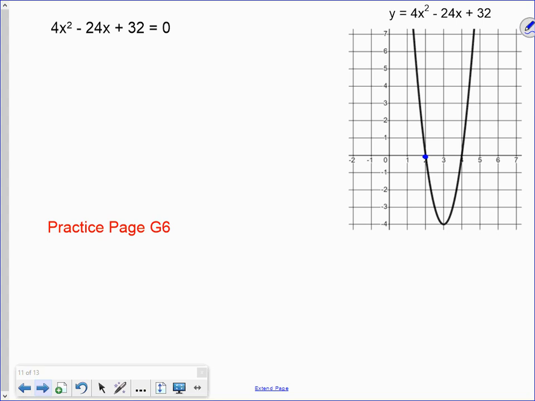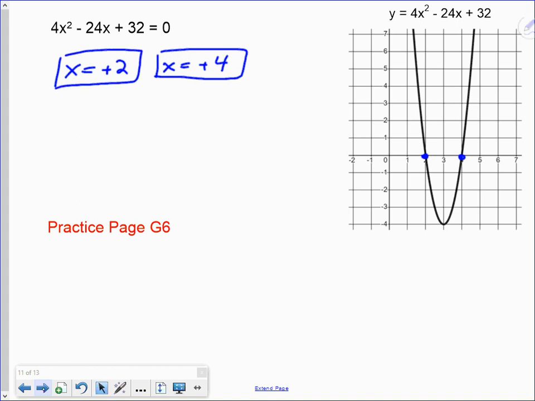I remember that the solutions to my equation are the same as the x-intercepts in the graph here. So I know that my solutions here are going to be x equals +2 and x equals +4.